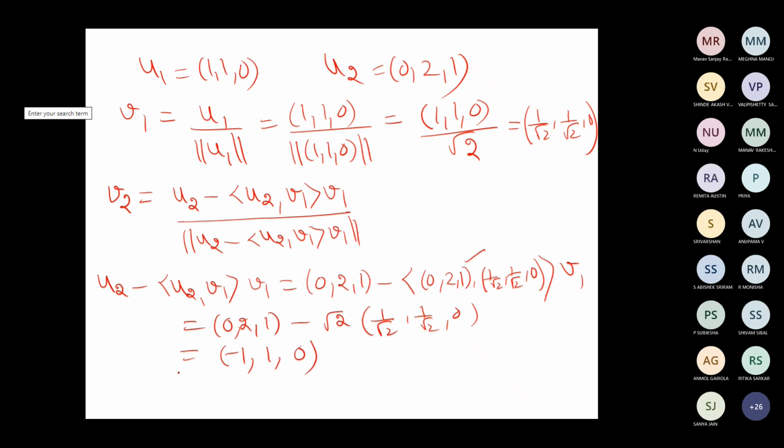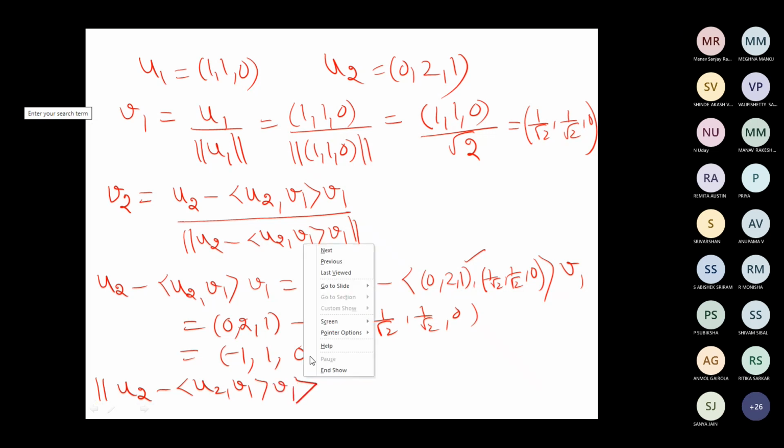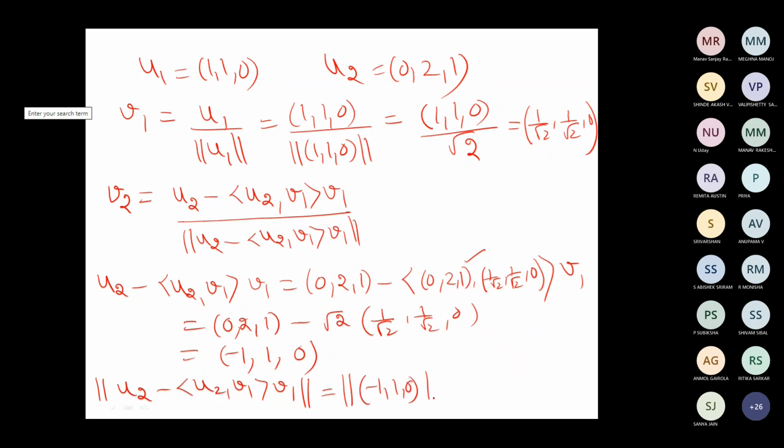So what is the norm of this? Norm of this is the norm of (minus 1, 1, 0). What is the norm of this?